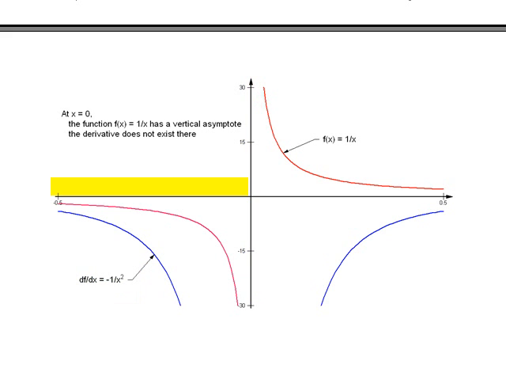This red curve is decreasing. So its slopes are negative, so the values of the derivative are negative. Over here, the slope is again negative because the function is again decreasing. Here are those negative values.